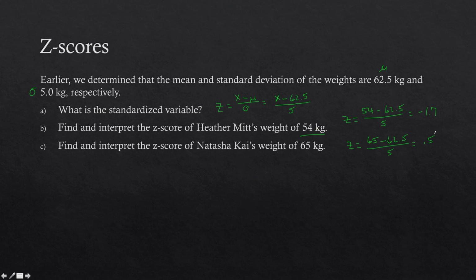We're comparing the weight of one person to the weight of another, so that we can see who's closer to the mean, who's farther away. It allows us to make these comparisons in a standard format. You can't just have different variables all over the place or you wouldn't be able to compare. You like to compare, as I said, apples and apples, not apples and oranges.